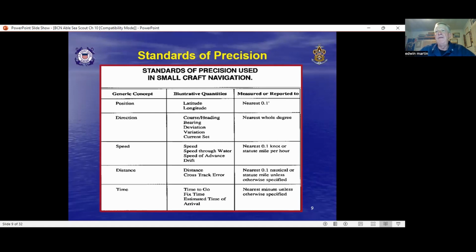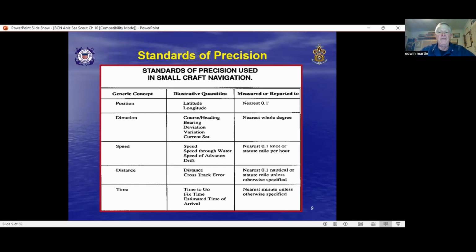I like to round off all these numbers at 0.5. If it's 0.6 and above, then you round up. If it's 0.5 and below, you round down. That's the easiest thing I can say.